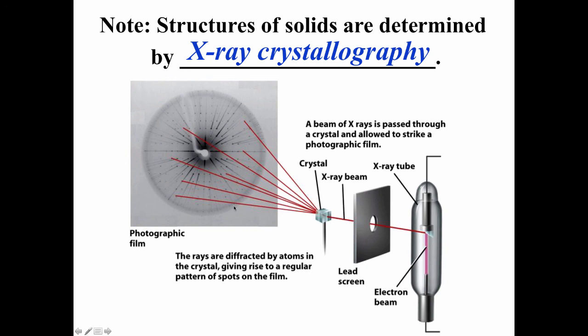That's a fairly complicated thing to do, but the basic principle is to shine X-rays, which have wavelengths on the order of spacings between atoms and ions and molecules, and you get this pattern, and the pattern can tell you something about the shape.